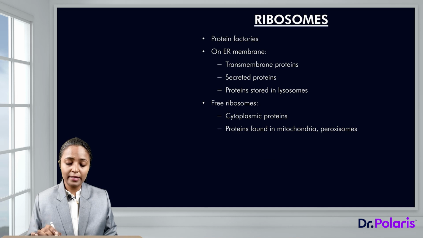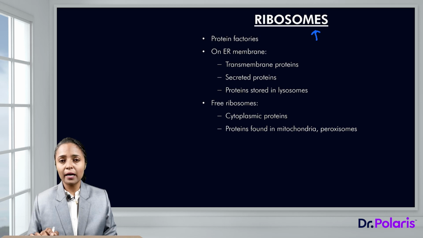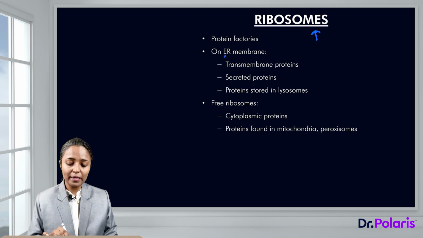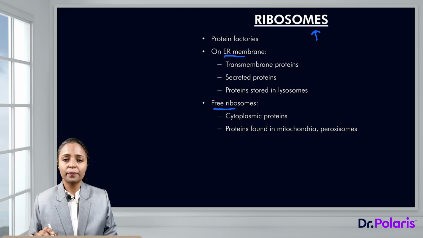Next organelle is ribosomes. Ribosomes are the protein factories, and they are of two types. Either they are present on the endoplasmic reticulum membrane, or they are free ribosomes. The ones present on the endoplasmic reticulum membrane synthesize transmembrane proteins, secreted proteins, and proteins stored in lysosomes.